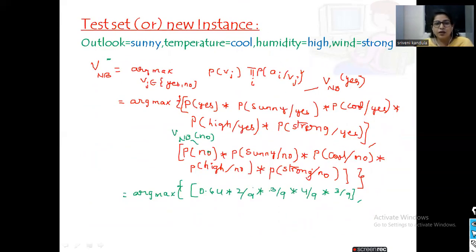Similarly, let us take the values for the other case also. P of no is the prior probability, which is 0.36.